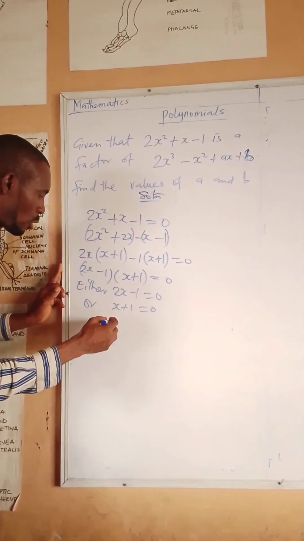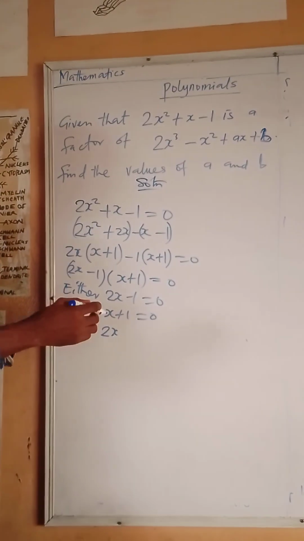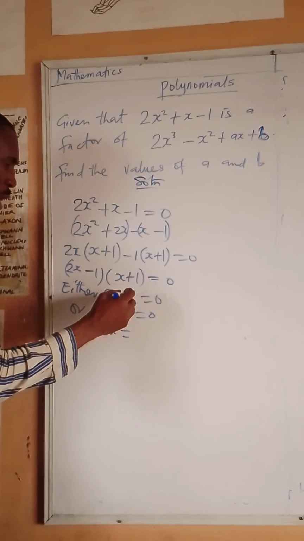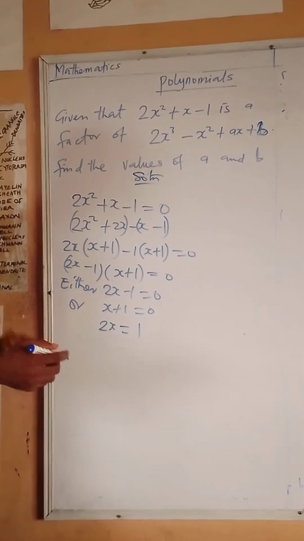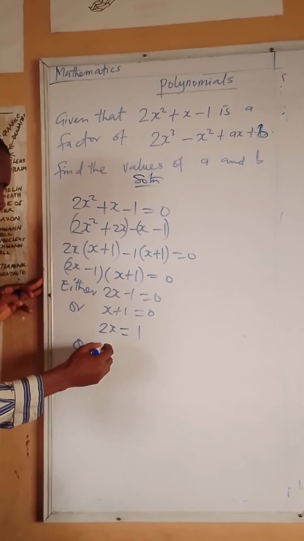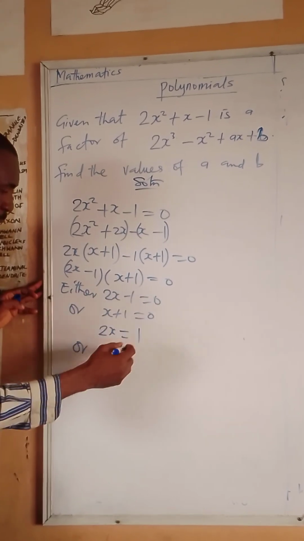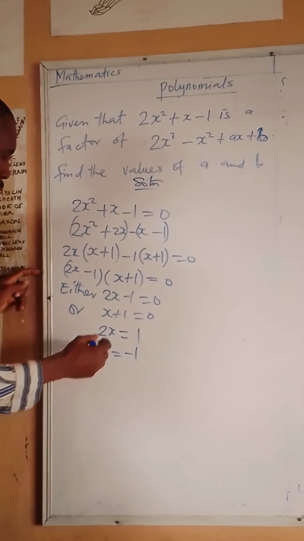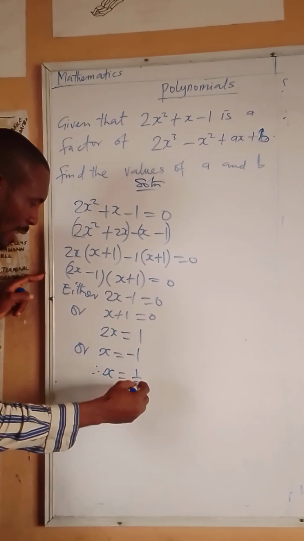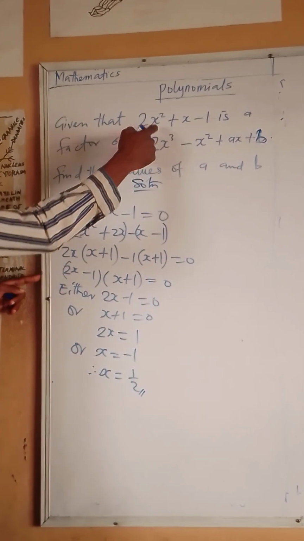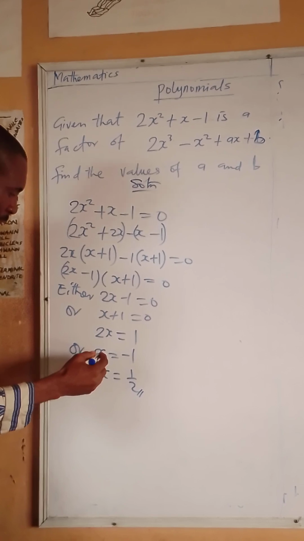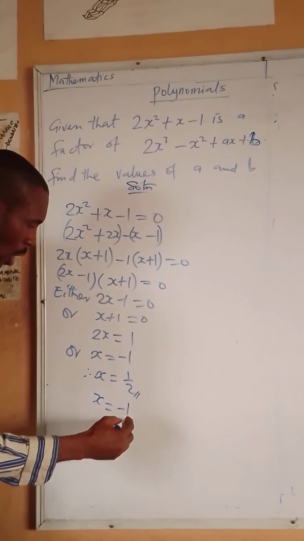So here, 2s equals minus 1 crosses over to give 1. And in this case, s equals plus 1 crosses over and becomes minus 1. So finally, our s will be equal to 1 over 2, which is the root of this equation, which is also a factor of this. And then again, in this case, s will be equal to minus 1.